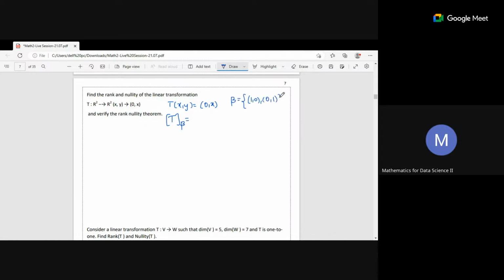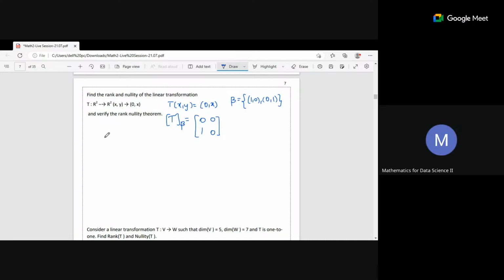So what is the matrix representation? What is T of (1, 0)? It is (0, 1), and then T of (0, 1) is (0, 0). So this is the matrix corresponding to this linear transformation.